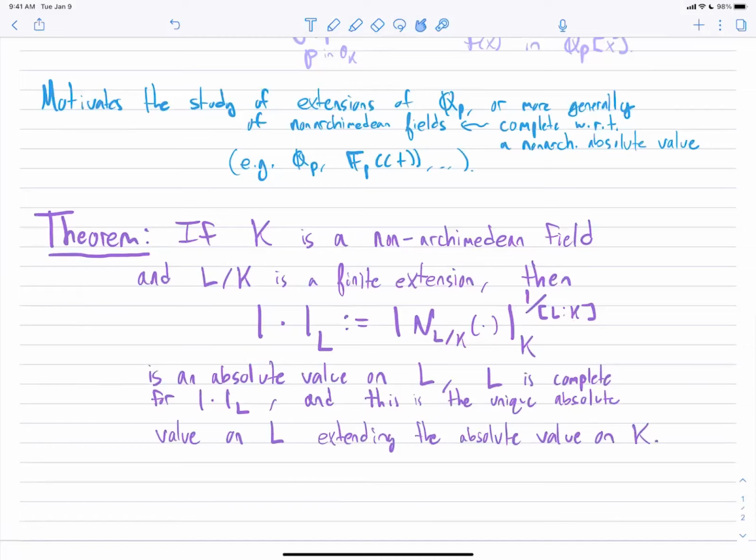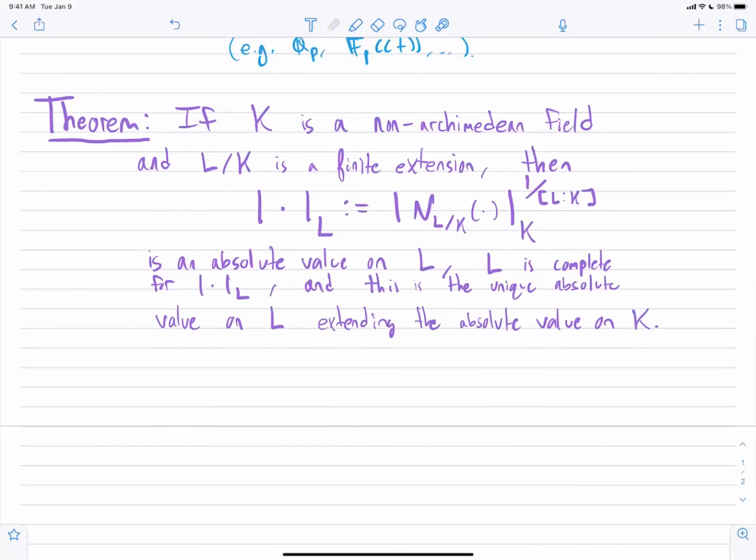It basically says, let me add a remark. This says algebra over a non-Archimedean field, algebra in the sense of studying finite field extensions, automatically upgrades to analysis.